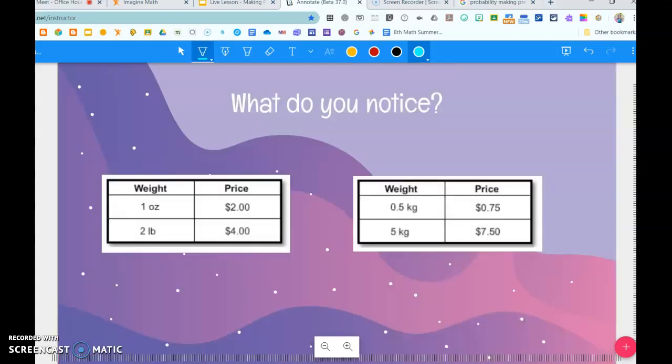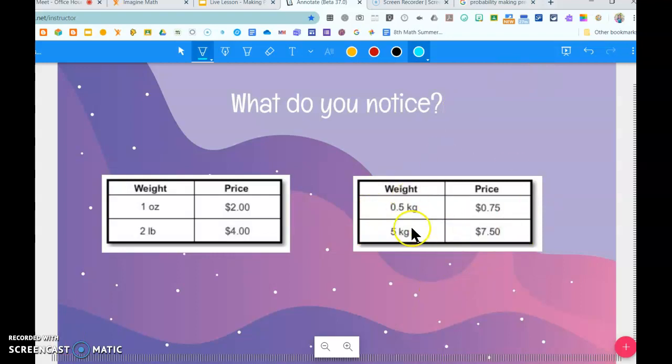All right. So what do you notice? You can unmute and tell me something that you notice about either of these two tables. There's no wrong answers. Okay, I'll start.